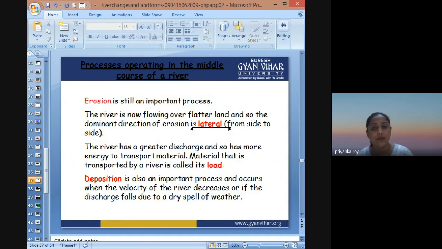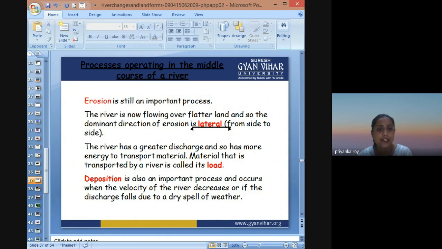The river is now flowing over flatter land, and so the dominant direction of erosion is lateral, from the sides of the river banks. The river has a greater discharge and so has some energy to transport materials.